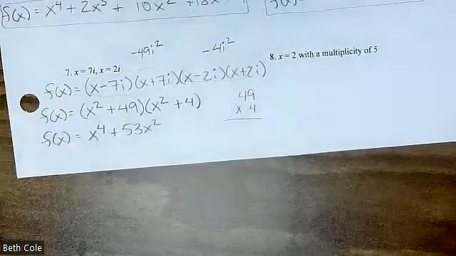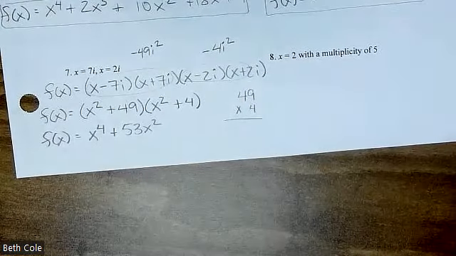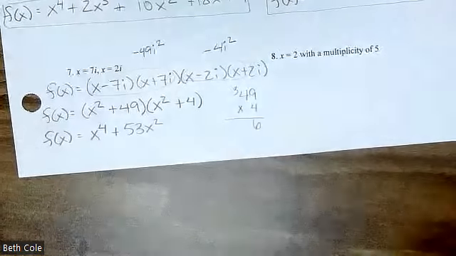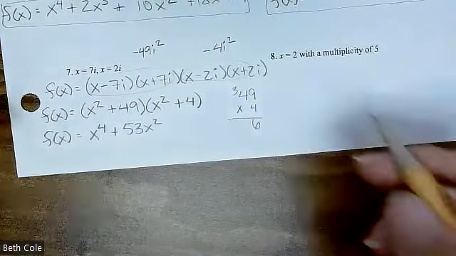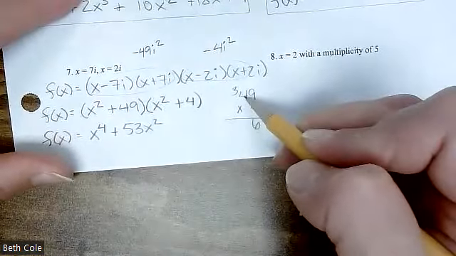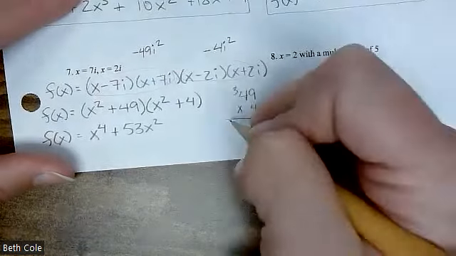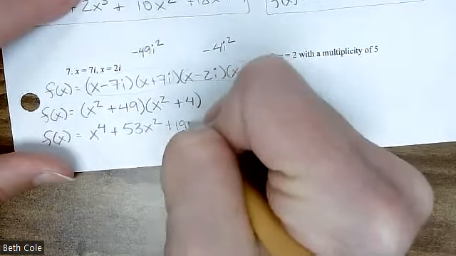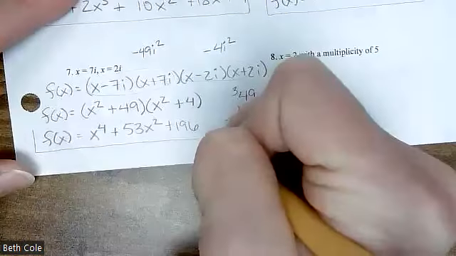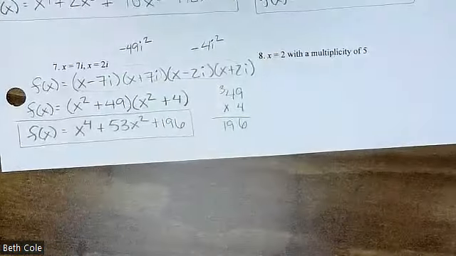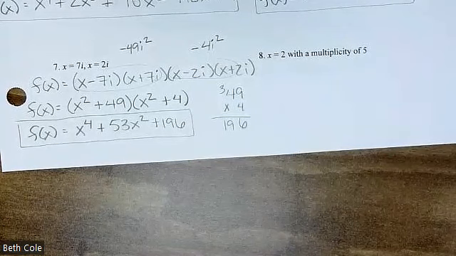Like 9 times 4 is what? 36. Do you guys remember how to do this from like whatever grade it was? And then 4 times 4 is 16. Plus 3 is 19, so 196. I mean, if you had to, you got to get through that. But I think for that one, I would probably just do 50 times 4 is 200.